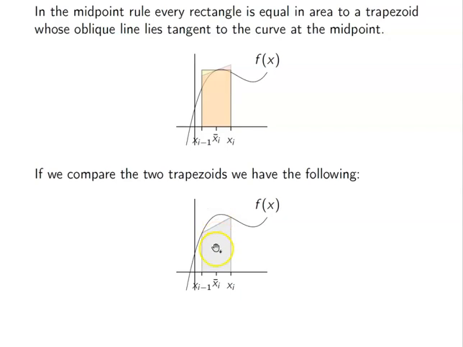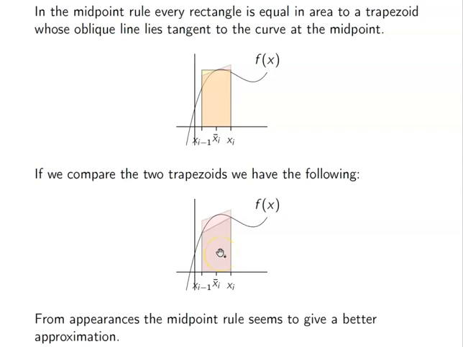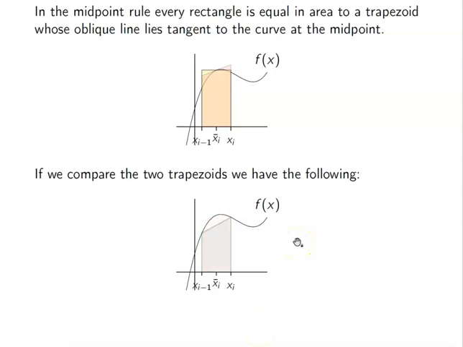There's a big gap here, while the amount that's over doesn't appear to be as large as the gap on this underside. So this area is not as close to the true area as the pink one. From appearances, at least, the tangent line trapezoid appears to be a better approximation than the standard trapezoid rule approximation.